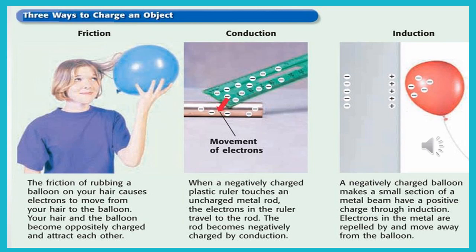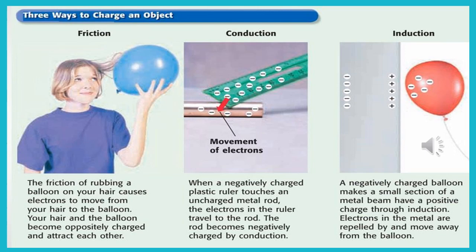The object which loses electrons, due to the deficiency of electrons, becomes positively charged, and the other one which gains electrons has an excess of electrons, so it contains negative charge. This is how charging takes place using the process of friction.